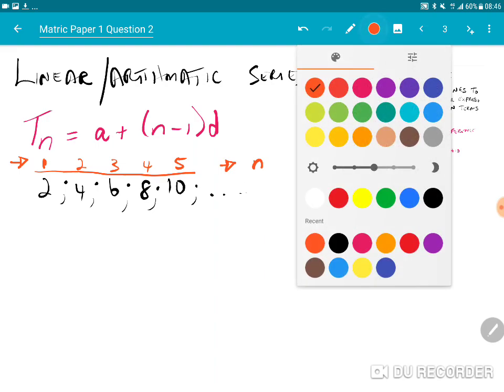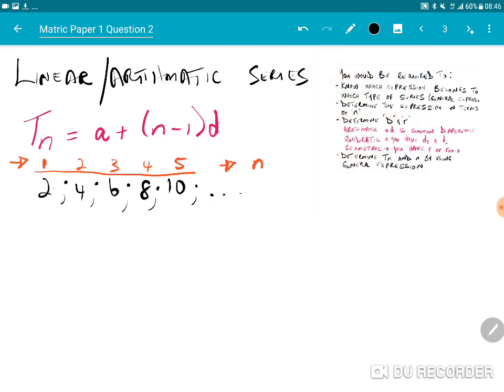This bottom part here, that would be Tn. And Tn would be the value of a certain position in the series.